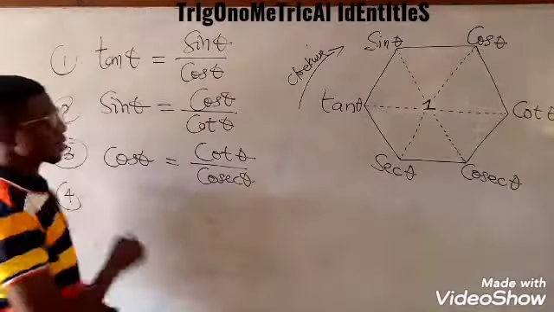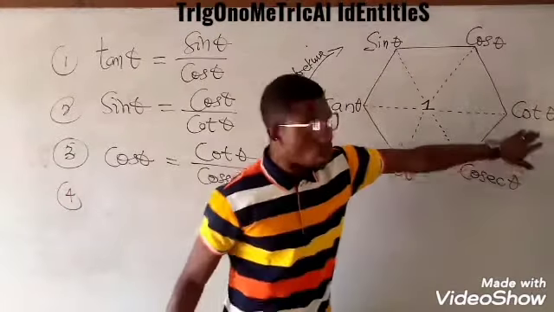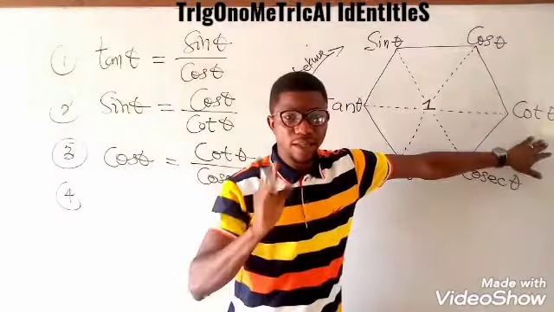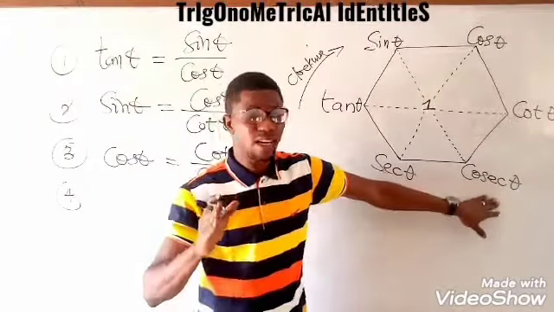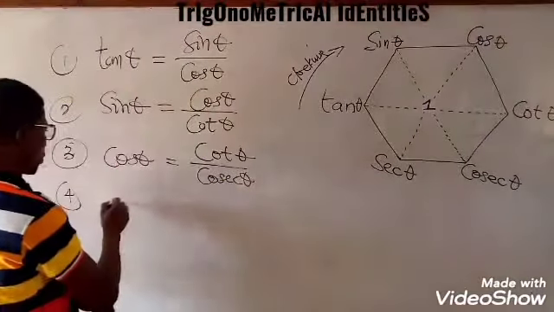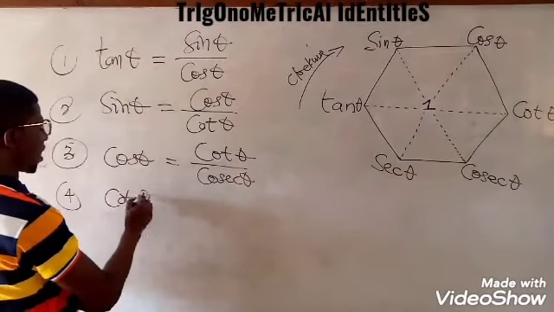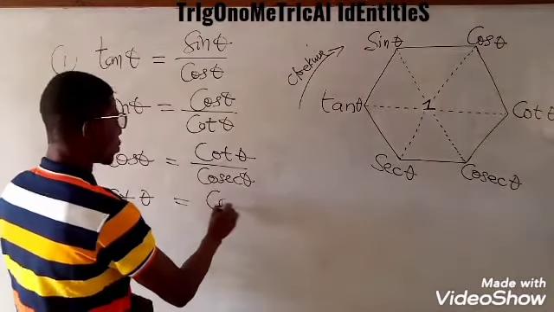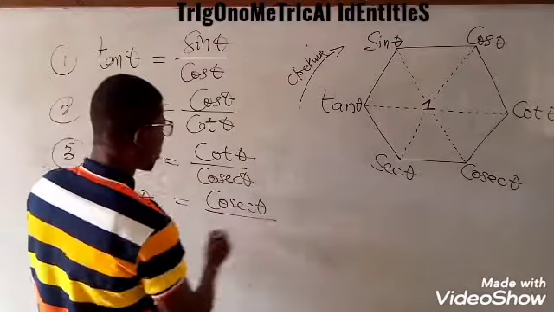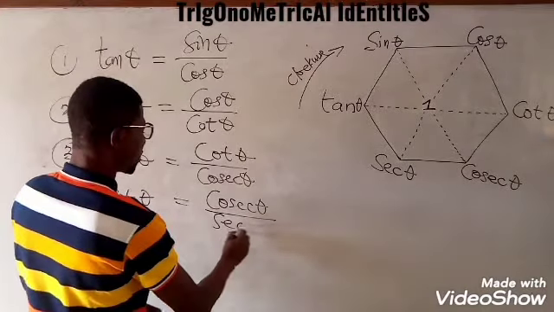The fourth one, we have cot theta is equal to cosec theta divided by sec theta.